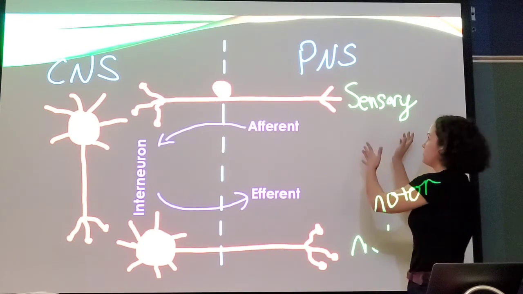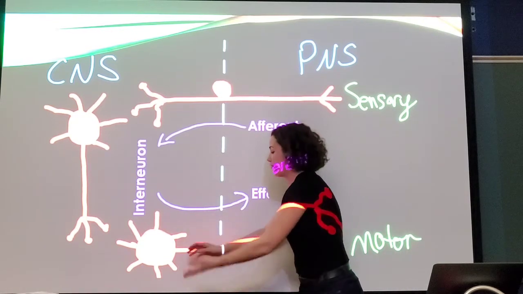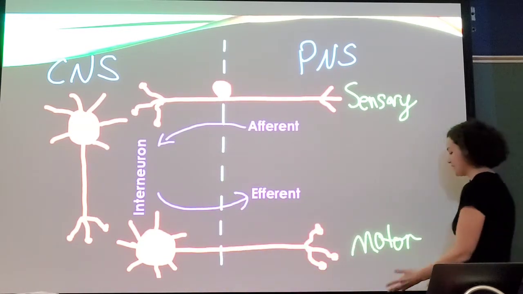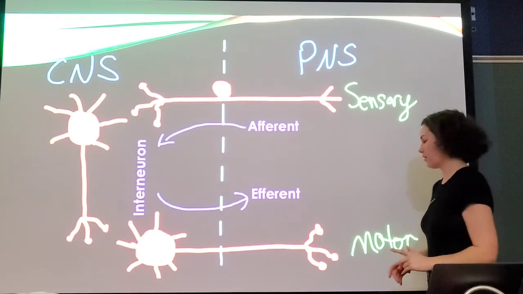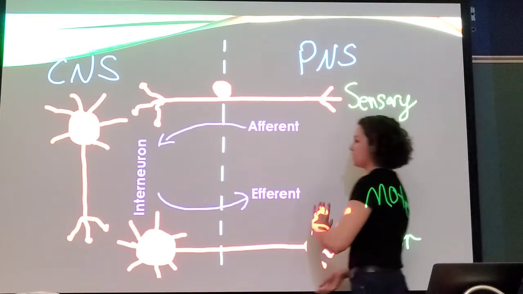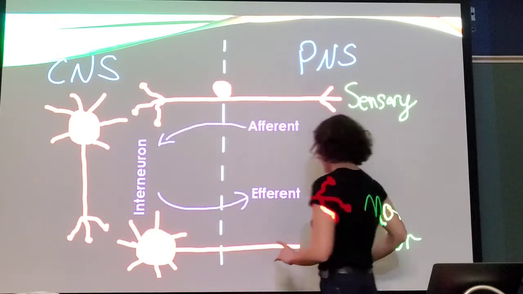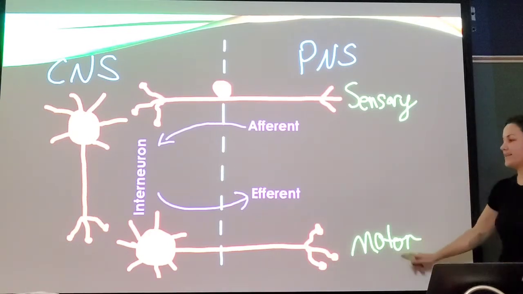So we got hit, we had sensory, we got it processed, we know how to handle it now, and we are now going to act on it and throw that ball back, okay? Or cry, whichever. But we need multipolar neurons to process that, and we need multipolar neurons to act on it, okay?